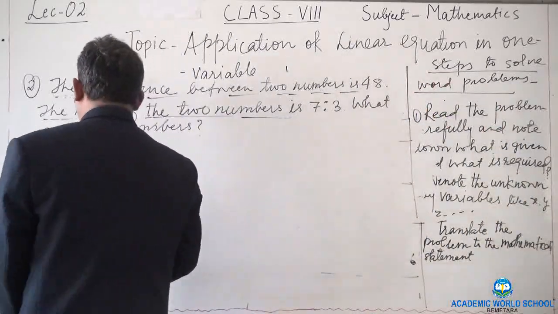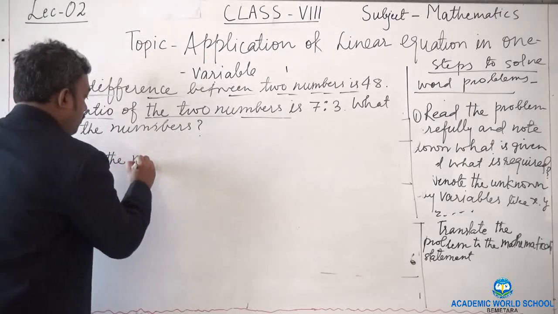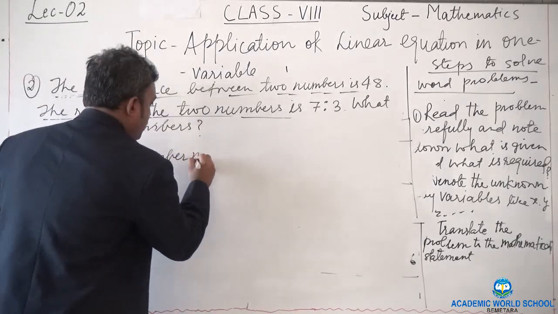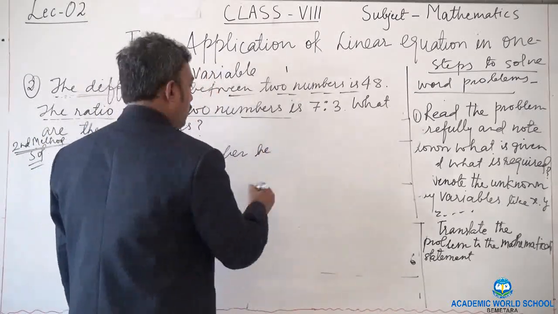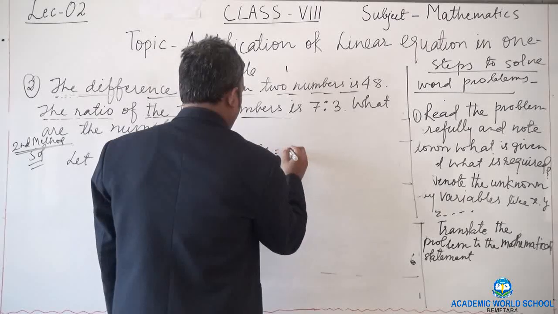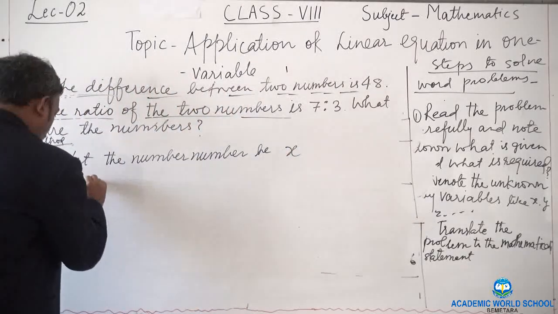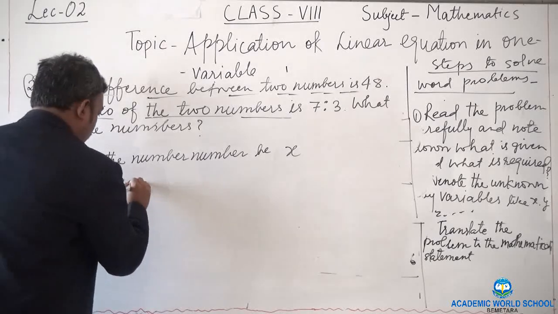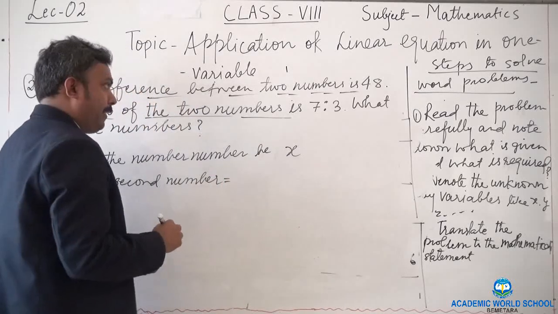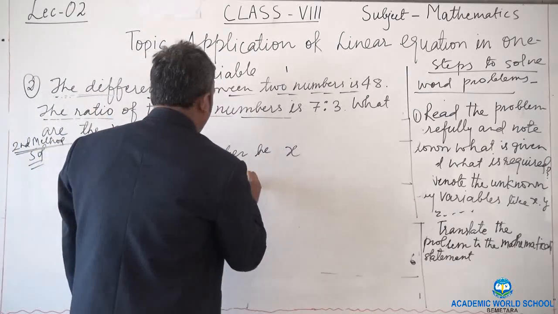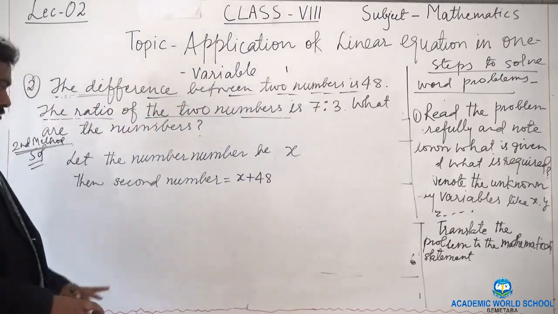So here we assume, let the first number be x, then the second number will be what? x plus 48. Understood this?